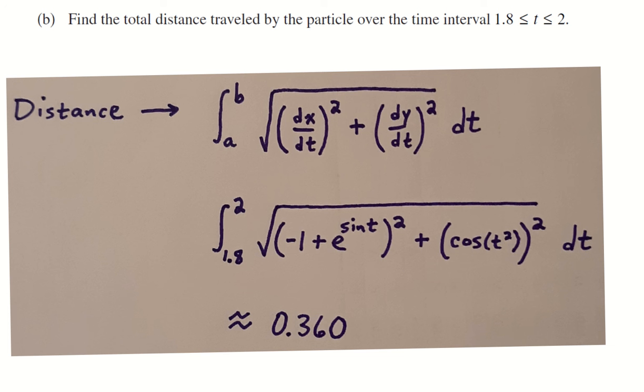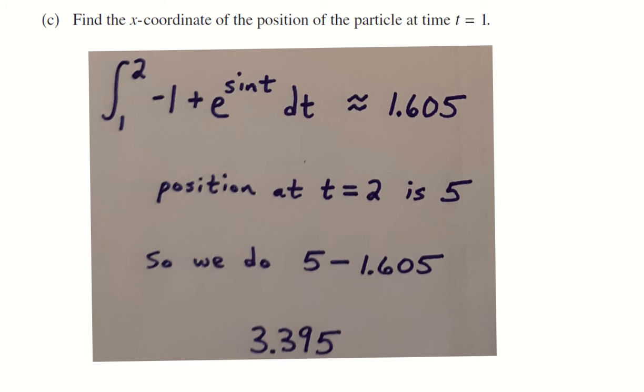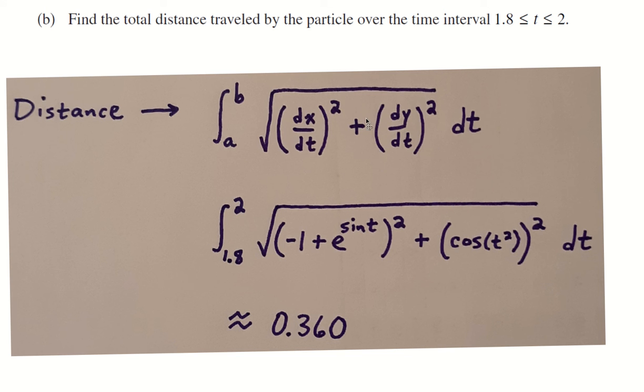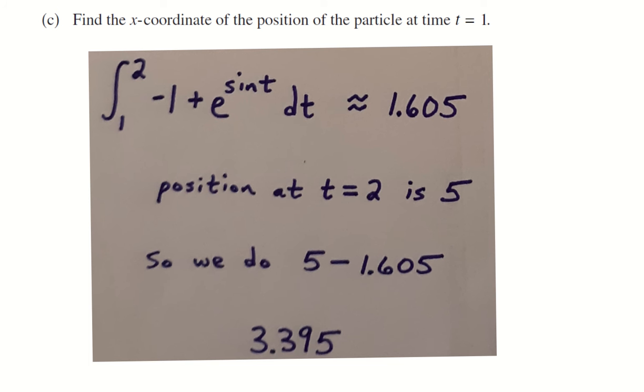So total distance, just kind of a formula. Do I want to go into this any deeper? Square root, that's going to get you the magnitude. No, I'm not going to get into that anymore for now.